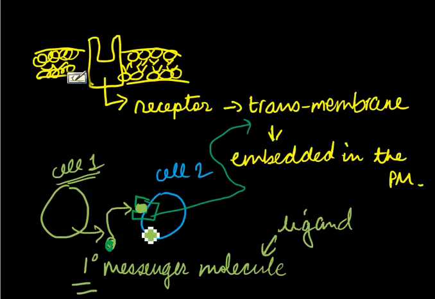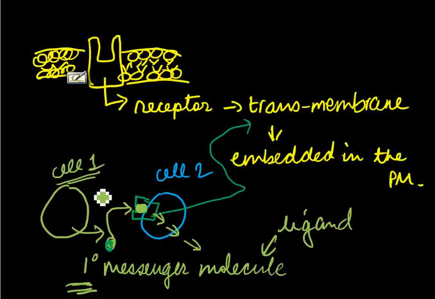So when this ligand, or specifically the primary messenger molecule, binds to the receptor, this is a very important step in the communication of cells. This binding of the ligand to the receptor will relay a series of chemical reactions or pathways inside the cell, and the cell will go about bringing the response that it needs to, conveyed by cell 1.